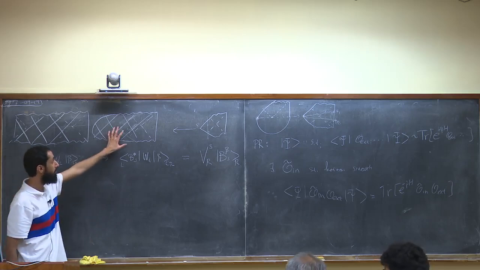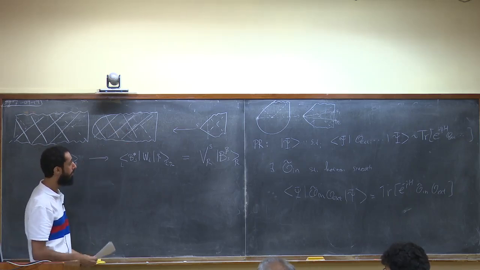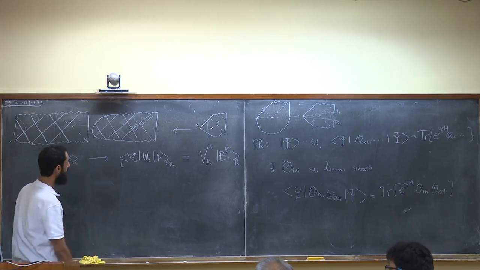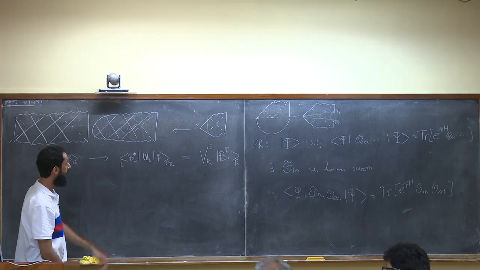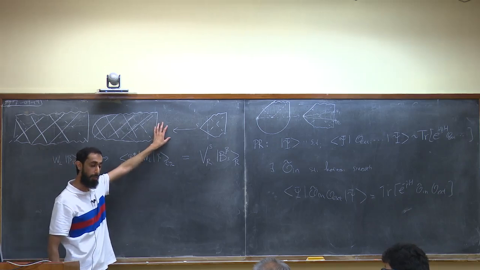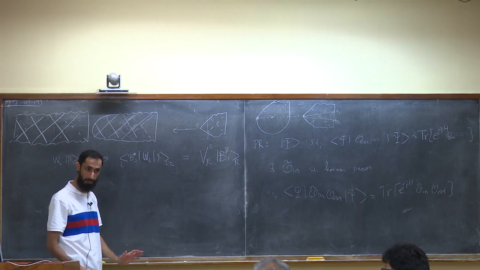Okay. So now we have these pure state black holes, but I claim that this black hole, from the simple observables perspective on the right, looks like a typical state. It looks like it's thermalized.